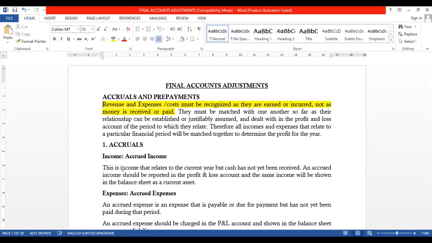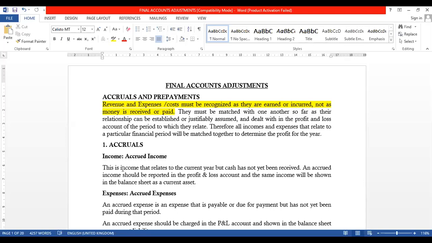They will not pay that money until this year lapses and we are in 2021, right? When they pay in 2021, that money does not belong to 2021. It belongs to the year 2020. True or false? It belongs to the year 2020, and therefore it must be accounted for in the year 2020.